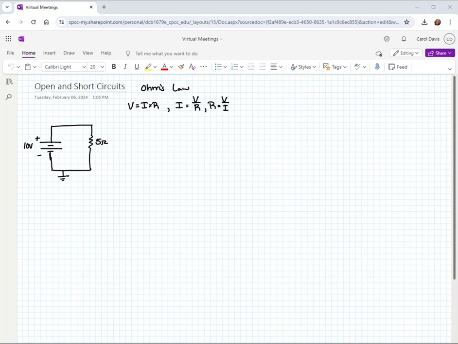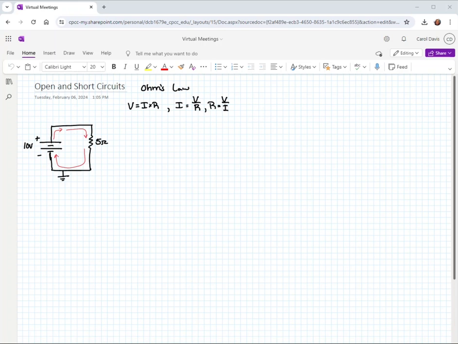Okay, so let's start looking at a simple circuit that just has a voltage supply of 10 volts and a resistance of 5 ohms. We know that our conventional current will be leaving the positive terminal of our voltage source, and it will continue through the 5 ohm resistor because that's in series with the source, and it will then be returning back to the negative terminal of the voltage source.